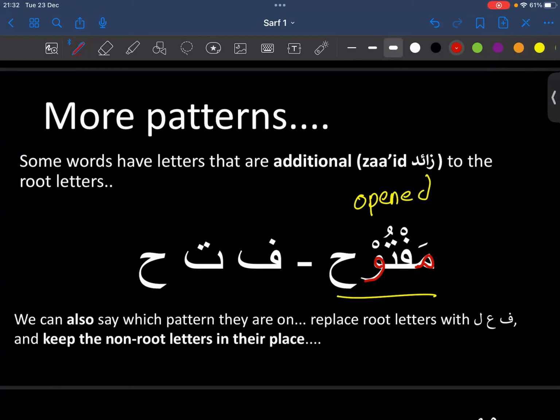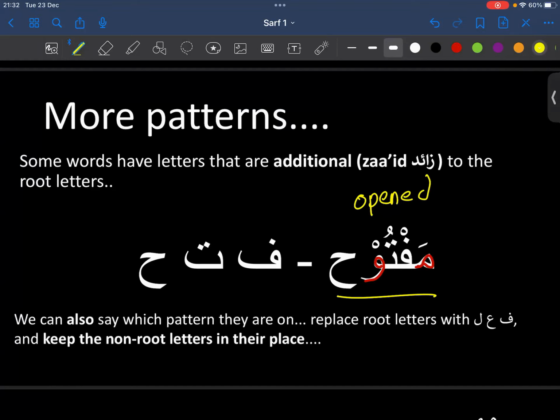Now, these types of words can also be measured with the pattern using the letters fa'ala. So all we need to do is replace the first root letter with a fa, and the second root letter with the ayn, and the last root letter with the lam, while keeping the additional letters in their place. So we are only replacing the root letters.